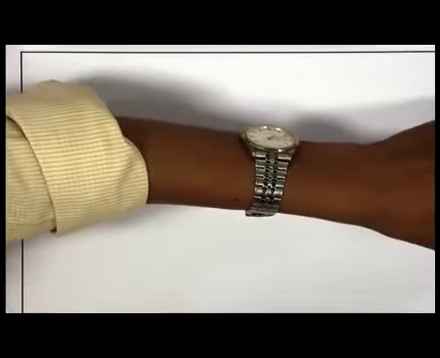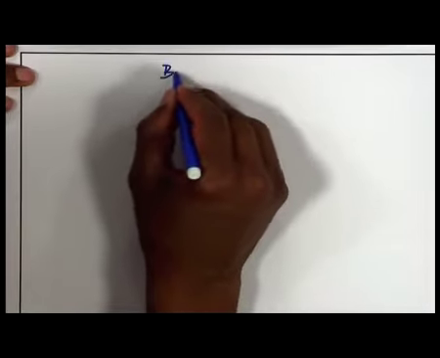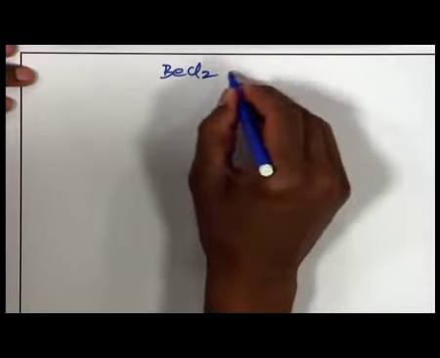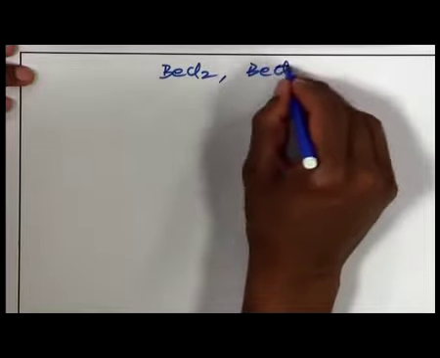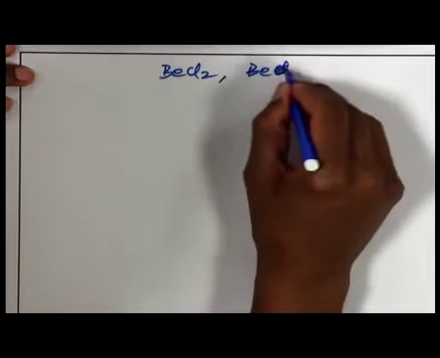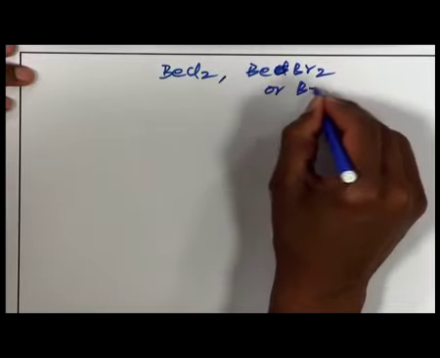Now let us see a simple case of bond formation with s orbitals, a simple molecule such as beryllium Cl2, Br2, or beryllium dimethyl.